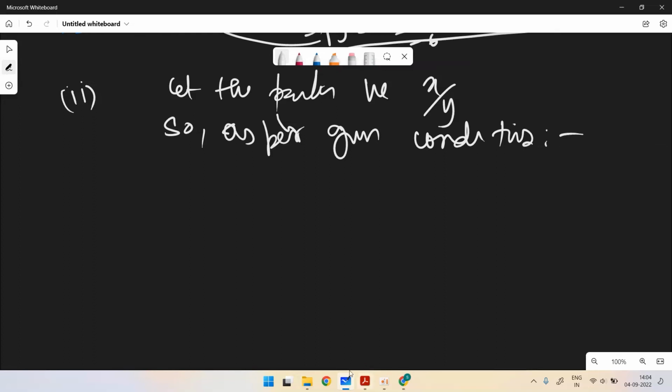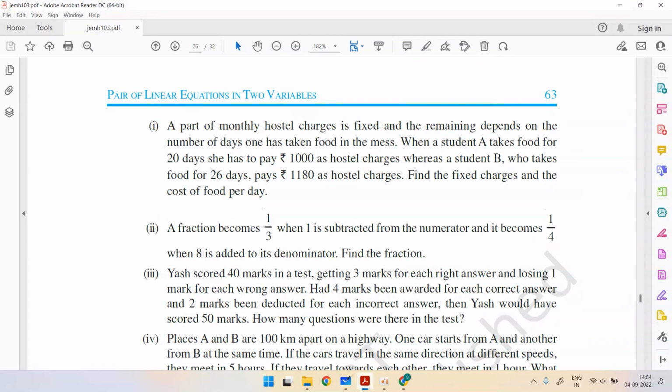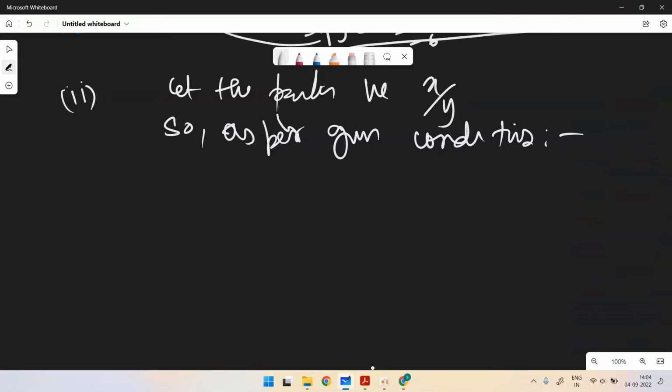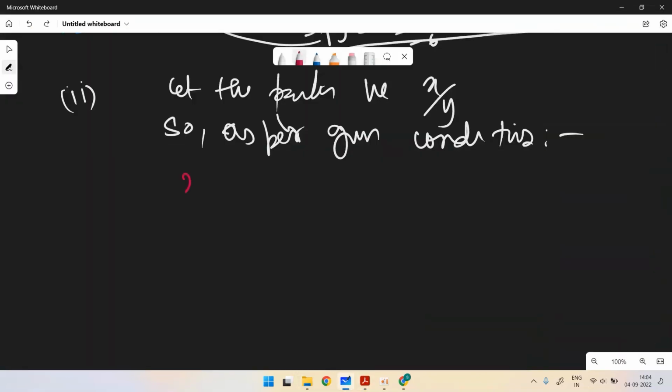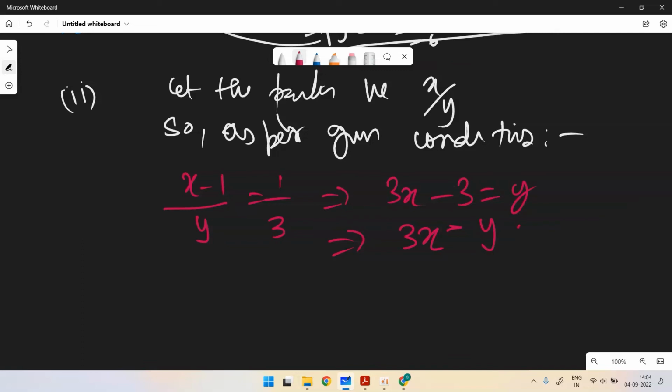As per the given conditions, what are the conditions? When 1 is subtracted from the numerator, it becomes 1 by 3, which implies that 3 times (x minus 1) equals y, so 3x minus y equals 3.